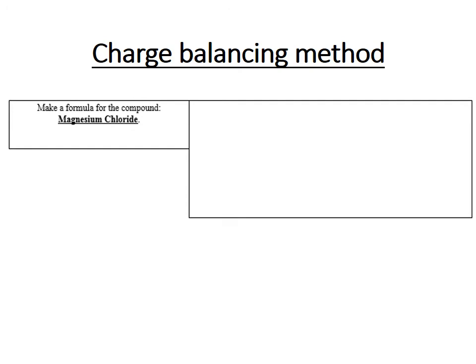So what you need to understand is that in any compound, the overall charge needs to be 0. So I'm going to start off by writing the magnesium ion, because it's magnesium chloride, with a +2.